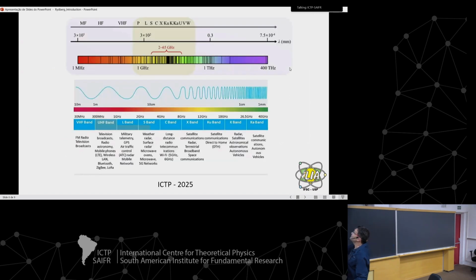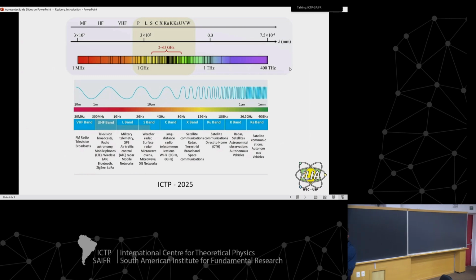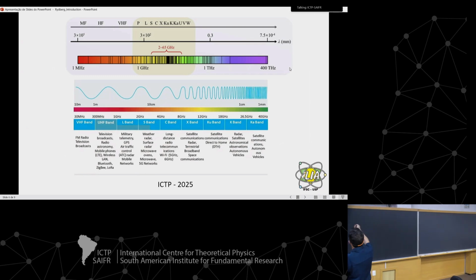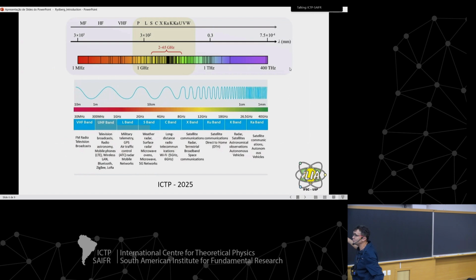So this is how the engineers like to call the microwave region. If I'm wrong, you can correct me, Daniel. It goes from VHF, which I think, if you are about my age, was the TV operating region, then came UHF and so on.